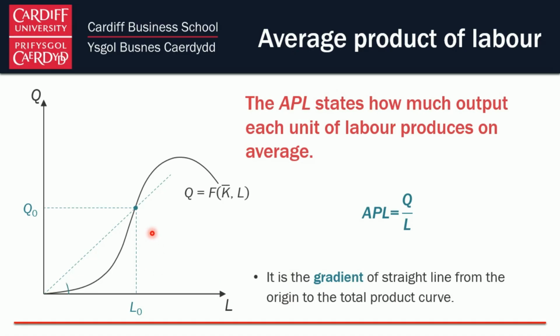Well, the vertical distance is Q0, and the horizontal distance is L0. So the vertical is Q, the horizontal is L, and the slope of that straight line is Q over L, which is the APL. So it is indeed the gradient of the straight line from the origin to the total product curve.